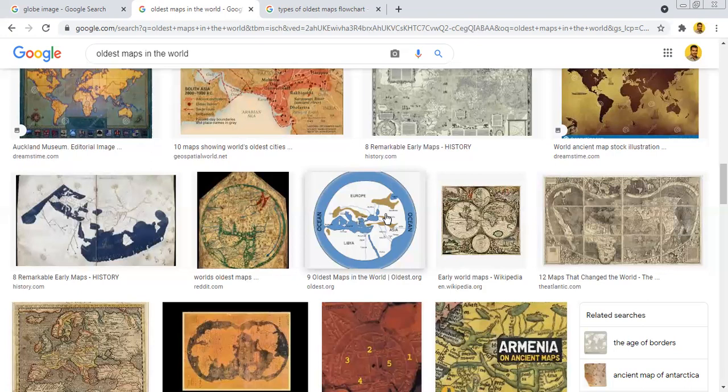Next, like this, the history of maps. In the beginning they prepared maps for maintaining records. Later some people tried to prepare the world map.